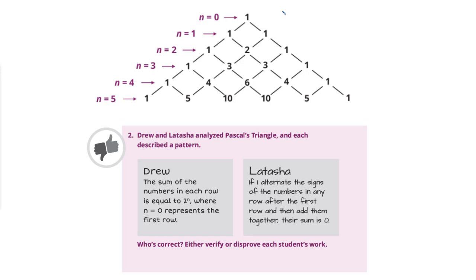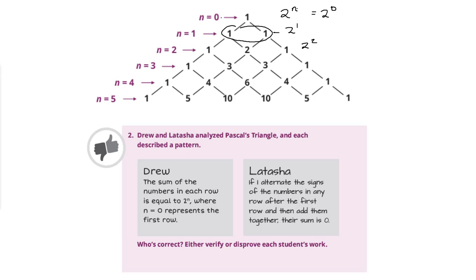He says that if you take 2 to the nth power, and n being the row where we start off counting at 0, hence us having this pattern written over here, so 2 to the 0, 2 to the first, 2 to the second, it would equal the sum of those numbers.